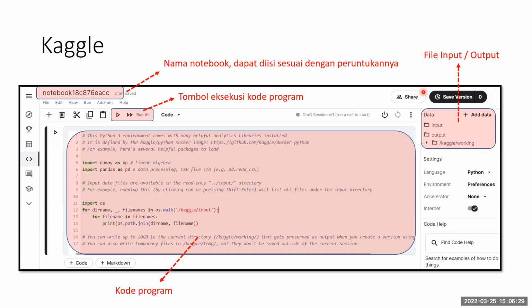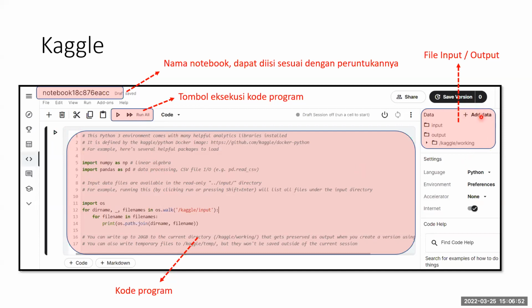Here we can see some parts of the notebook. This is the name of the notebook that we can change easily, and this is the execution button, where we can run all or run cell by cell.